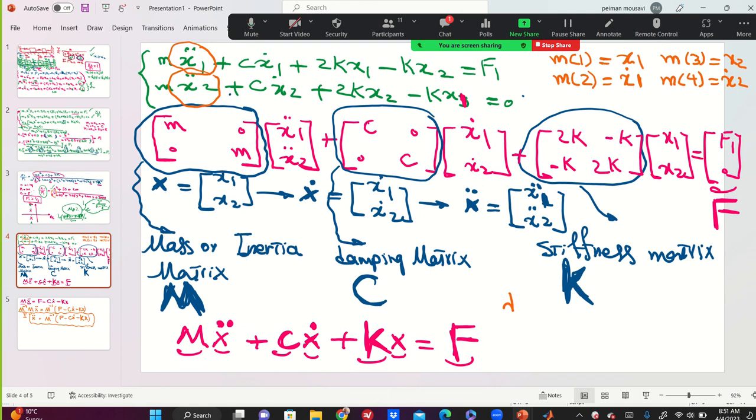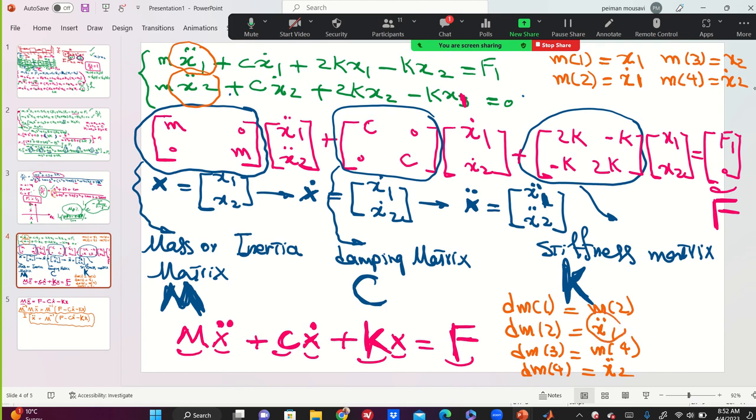So if you remember, dM1 gonna be X dot 1, which is M2. dM2 gonna be X double dot 1. dM3 gonna be X dot 2, which is M4. And dM4 gonna be X double dot 2. Now the point is how to find this.